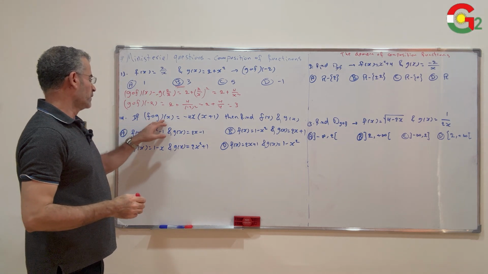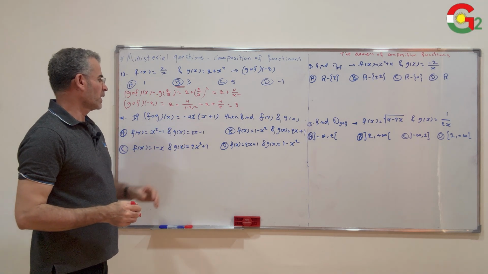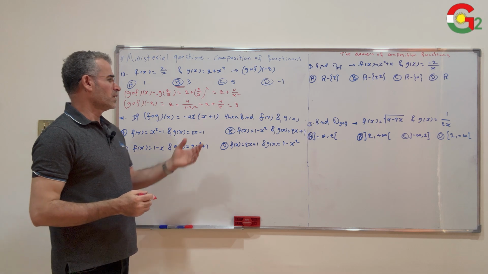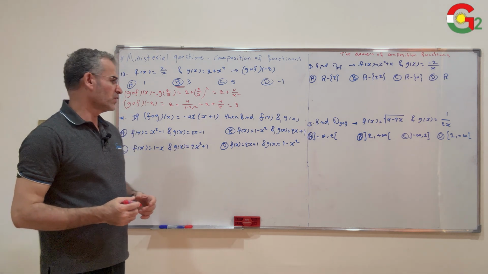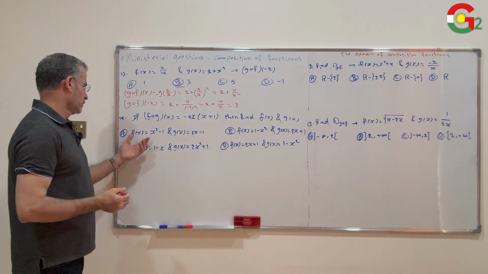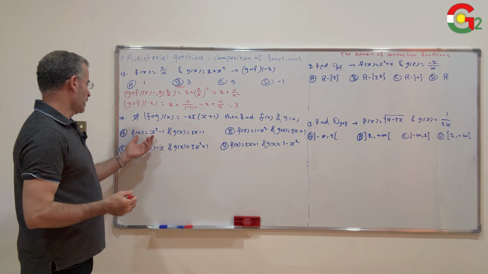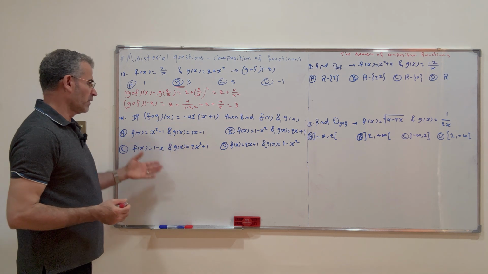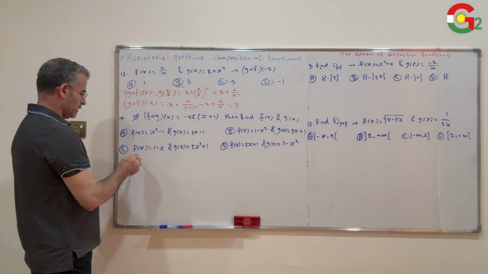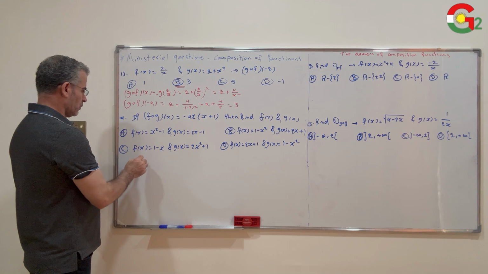If f of g of x equals negative 4x times (x plus 1), then find f of x and g of x. I'll find the composition function of the 4 choices and see which one is true.